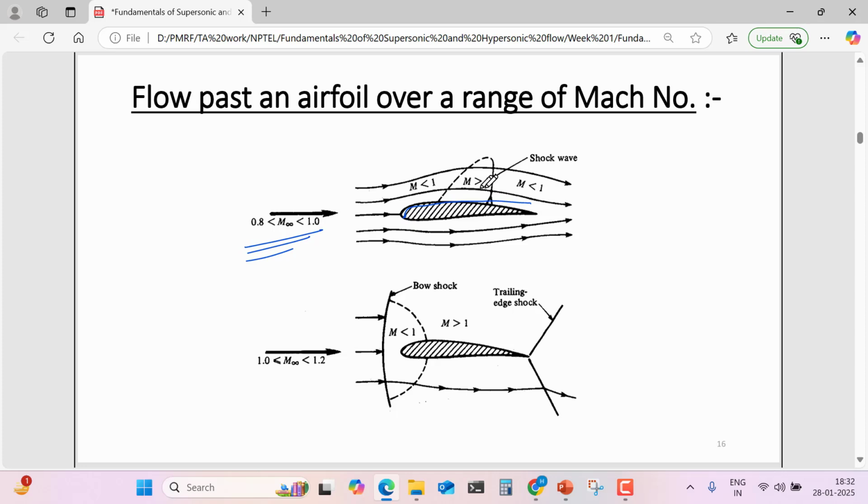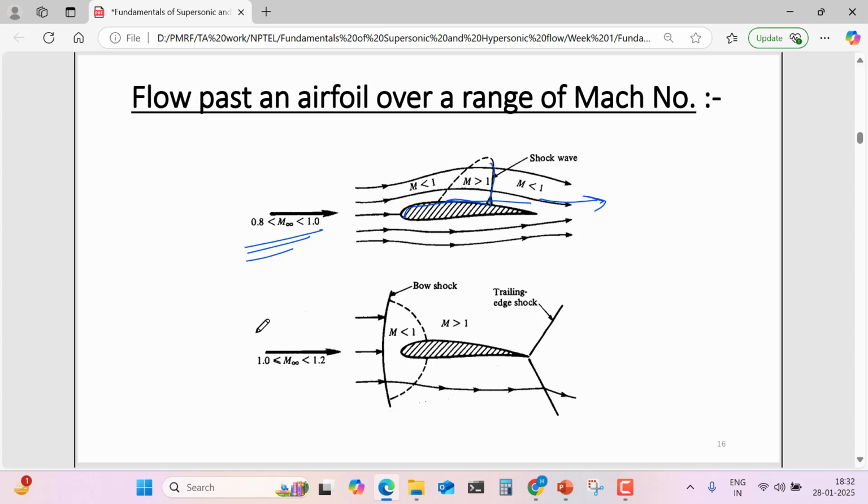Then what will happen is that locally at some point over the aerofoil, the Mach number will be greater than 1, and due to which there will be a shock wave on the aerofoil, which will again make the flow subsonic. And due to this shock wave, there will be a strong interaction with the boundary layer, and there are chances of flow separation also.